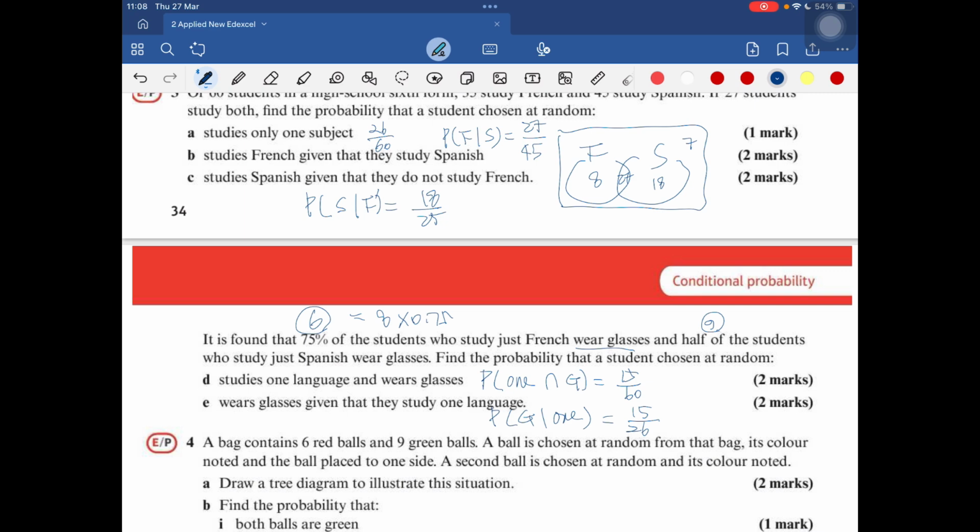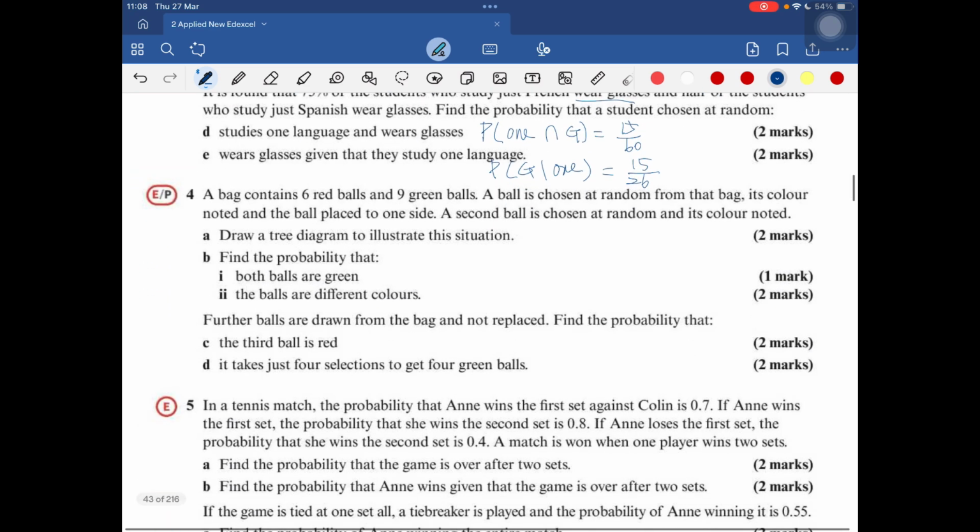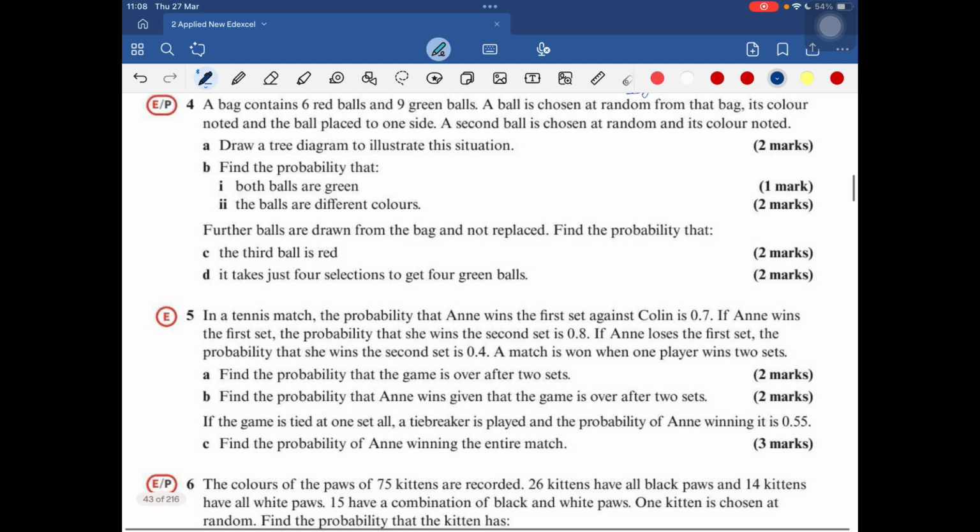Okay, number 4. A bag contains 6 red balls and 9 green balls. Second ball. A ball placed to one side means no replacement. So tree diagram: red, green, red, green, red, green. First, 6 out of 15, 9 out of 15.